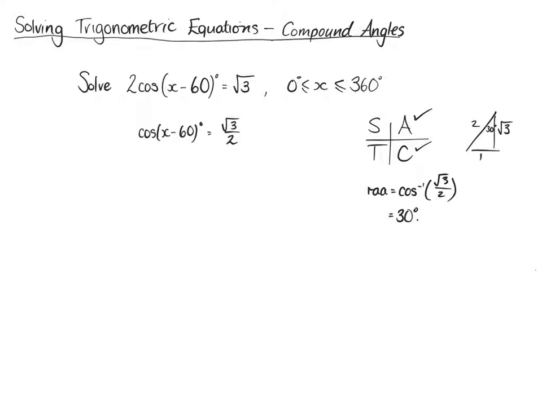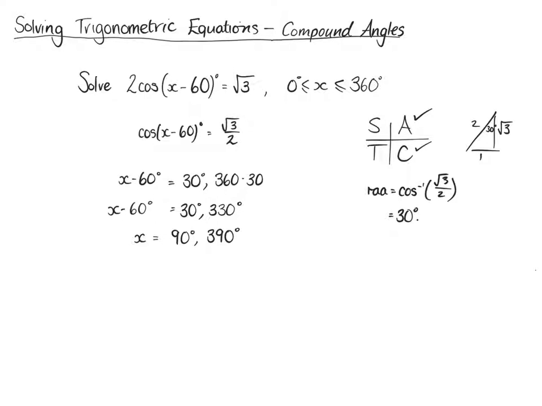So x minus 60 is equal to 30 degrees from our first quadrant, and our fourth quadrant gives us 360 take away 30, which is 330 degrees. So that's what x minus 60 is equal to. We have to add 60 to both sides, so we get x is equal to 90 for our first one, and for our second one, when we add 60, we get 390.